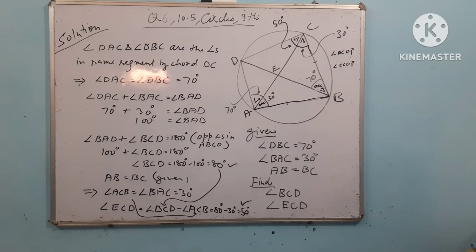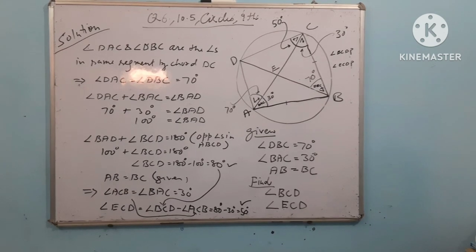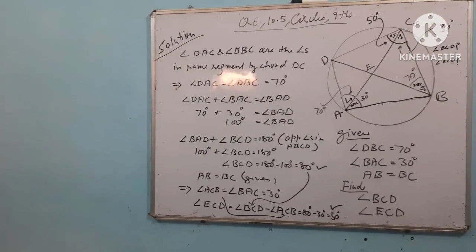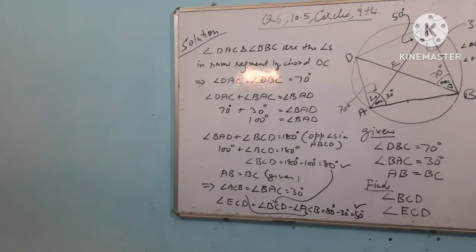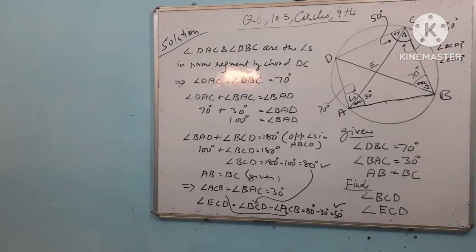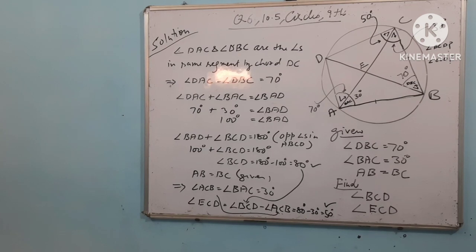Let us move on to the solution. As you can see, angle DAC and angle DBC are the angles in the same segment made by chord DC.